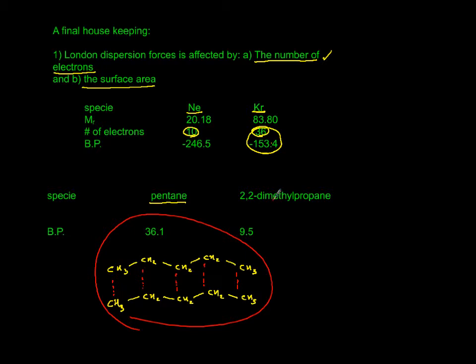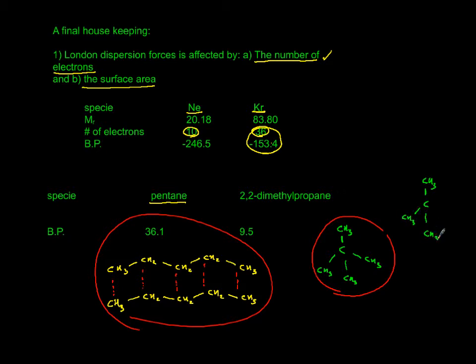Therefore, this one has a high boiling point. But if you look at 2,2-dimethylpropane, which is an isomer of pentane, that molecule looks like a spherical molecule. It looks like this: CH3, CH3, CH3. So it will have lesser surface area because now this is a unique molecule, and if I put another molecule next to it, they only have one contact place.